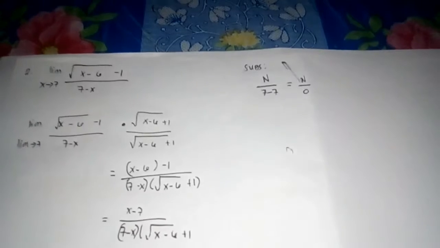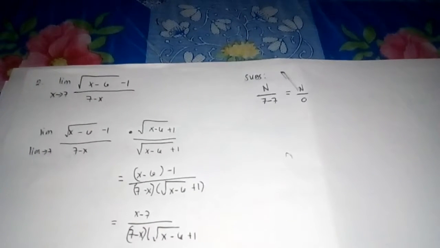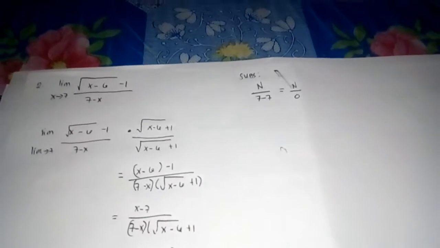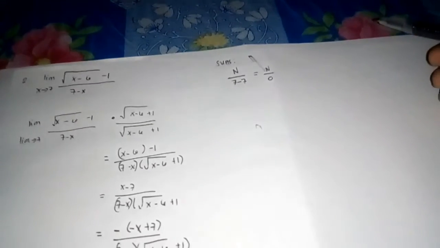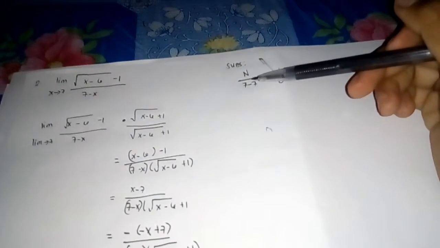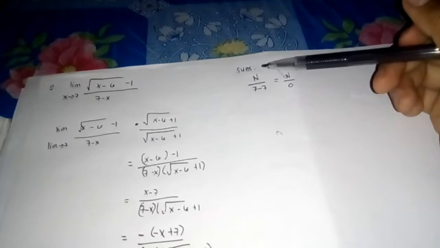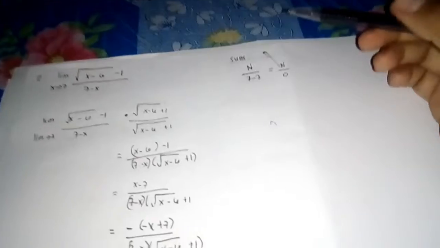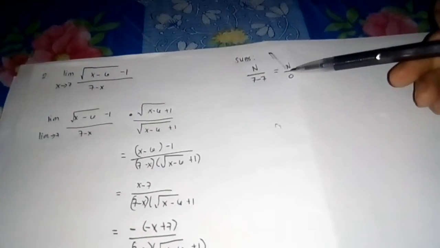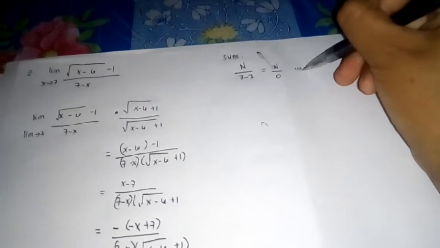First thing we do is substitute. The denominator is 7 minus 7 because x is equal to 7. So therefore the denominator is equal to 0. So this is undefined.